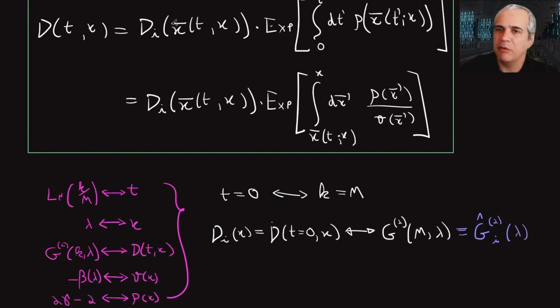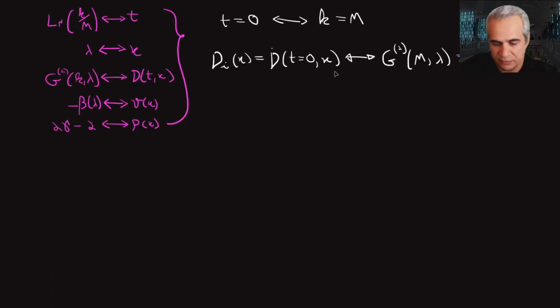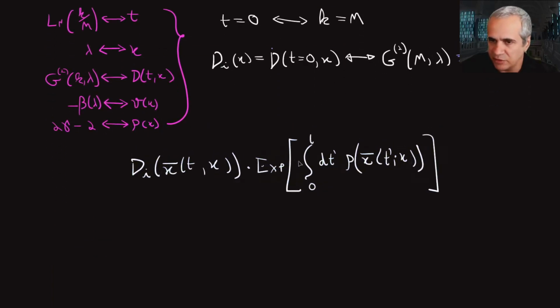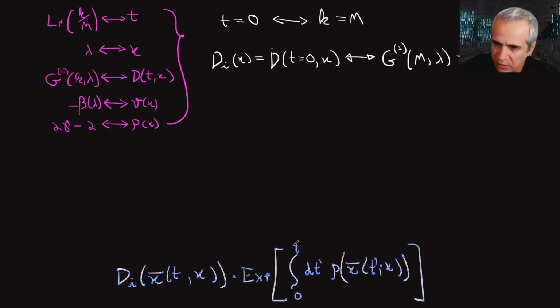Then I can rewrite this particular solution up here. I want to use this version with the time integral and write it using this dictionary. So G2 of k, lambda is equal.